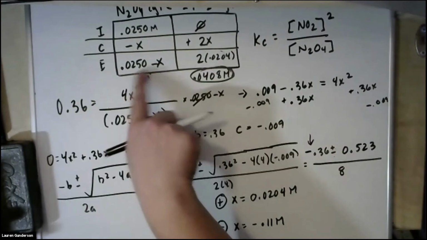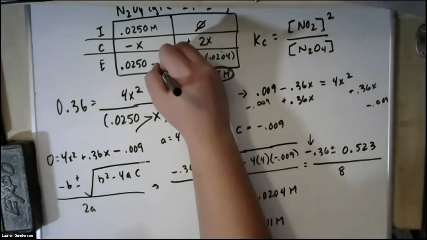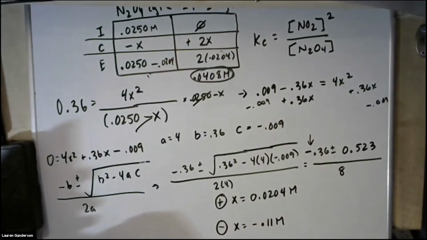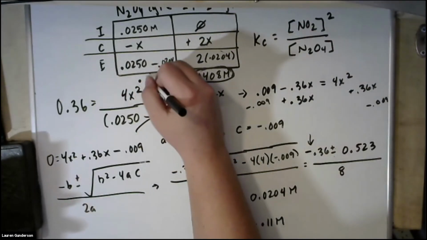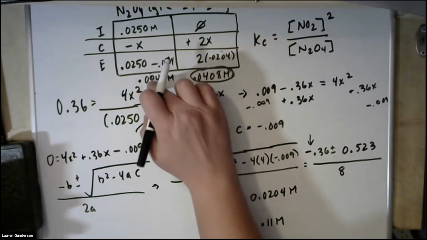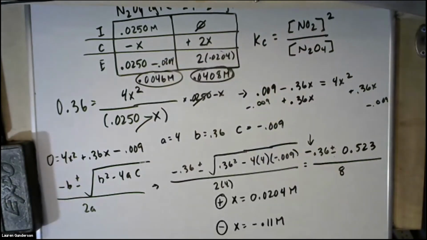And then for my 0.250 minus x, I'll be subtracting 0.0204. And I end up with 0.0046 molar as my equilibrium concentration.